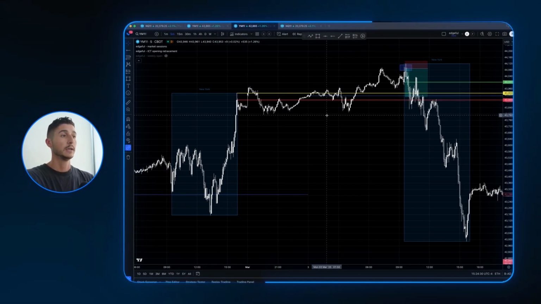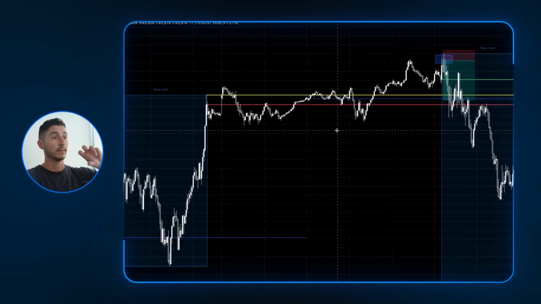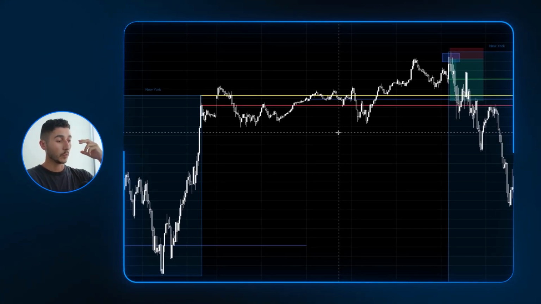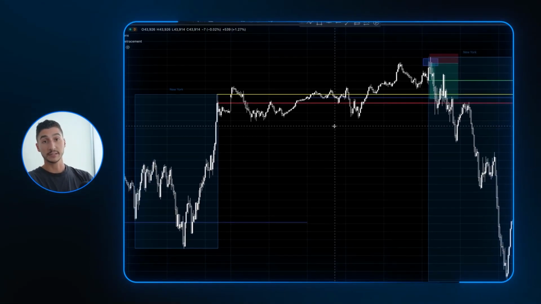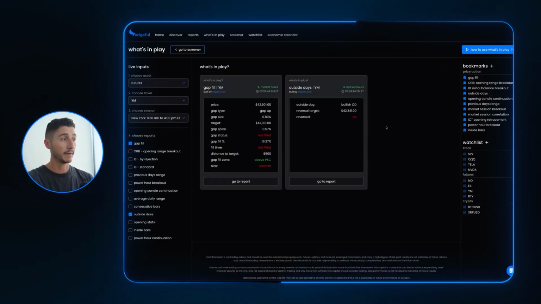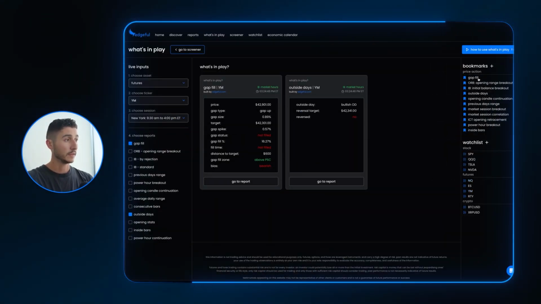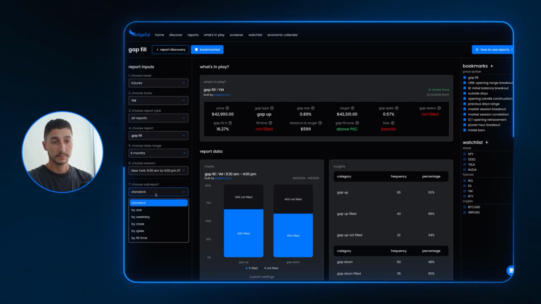You're going to see these here live with all the key levels plotted out for you with the bias, with the levels, with the distances, with the gap sizes. And one thing that's very important about outside days and about the gap fill is the sizes.